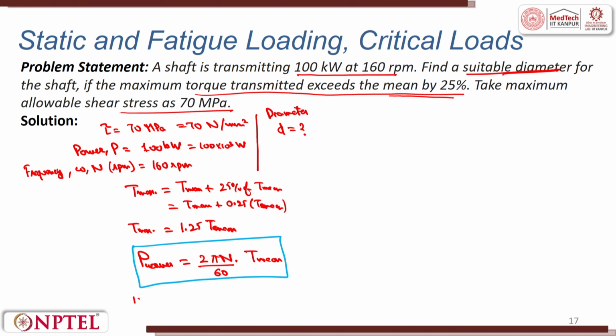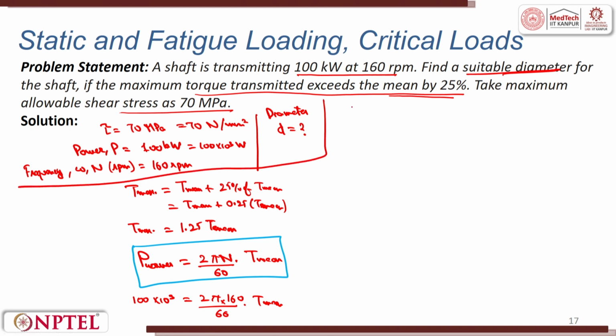Power is given: 100 into 10 raised to power 3 is equal to 2 pi, value of n is 160 by 60, into T mean, which gives me the value of T mean as 5966.6 Newton meter. This is the mean torque.